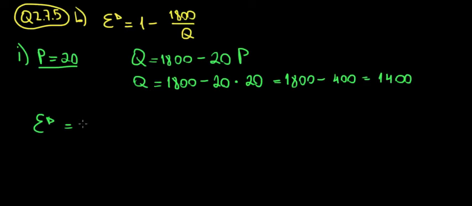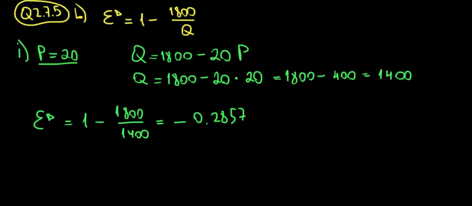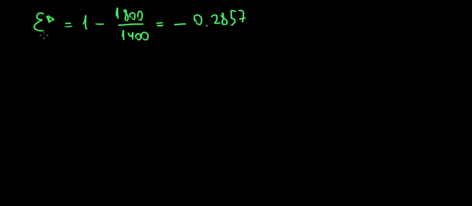Elasticity of demand is equal to 1 minus 1800 divided by 1400, which is equal to minus 0.2857. Now, what matters is how we interpret the elasticity, what we understand from this number.